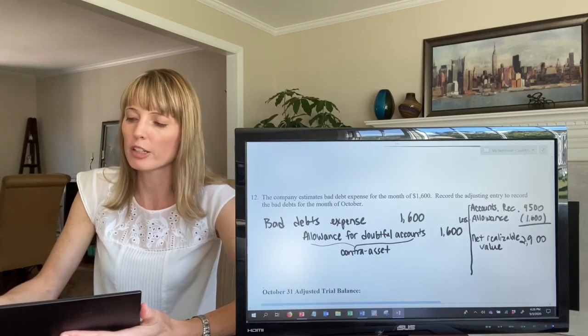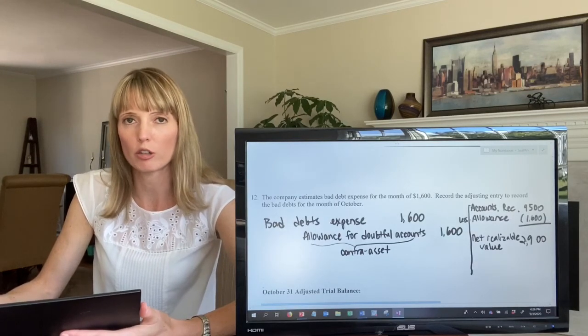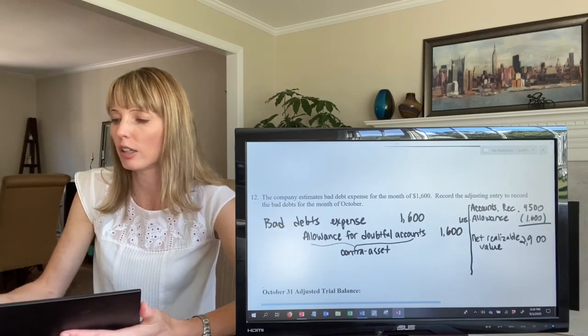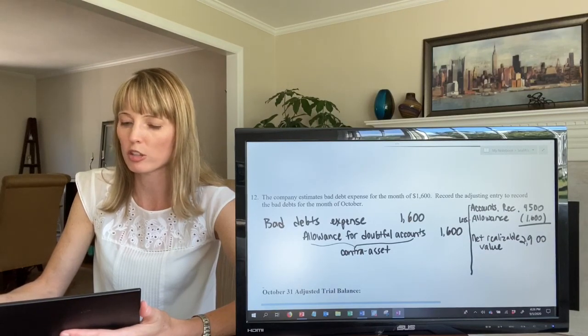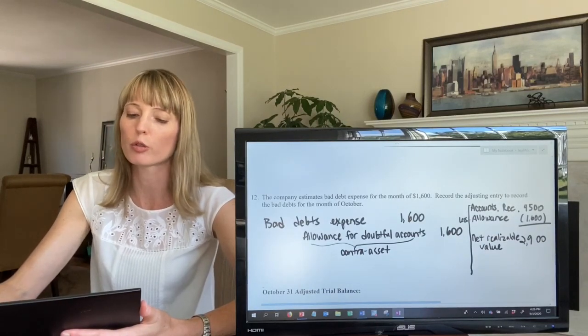And we have the net realizable value of accounts receivable, $2,900. So we expect that we're actually going to collect $2,900 from our customers, even though they owe us a total of $4,500.